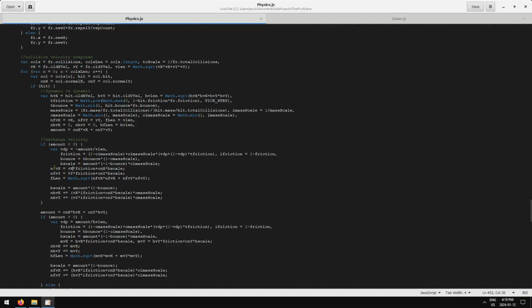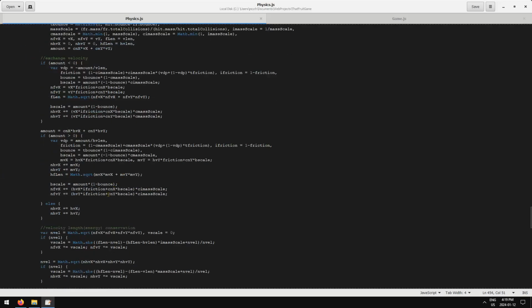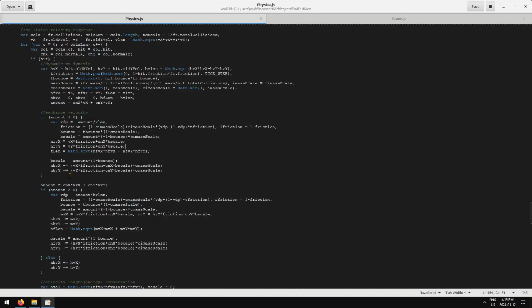So if you see here, the NFVX and FVY here with the amount smaller than 0, this is just like the static versus static collision. It's calculating it basically exactly the same way except for the bounce scale. If you see, the bounce scale is multiplied by the mass, because we have to take into account the mass scale.